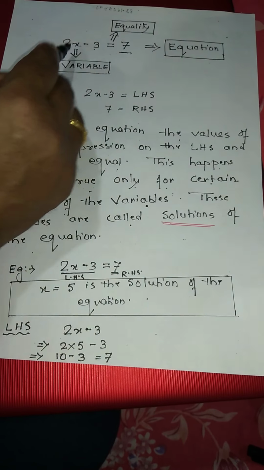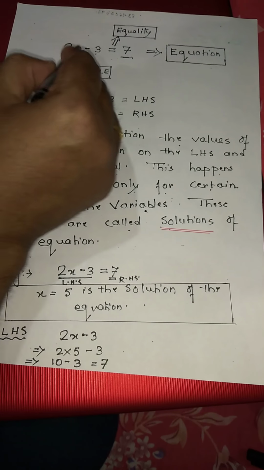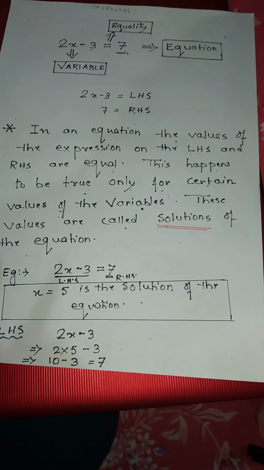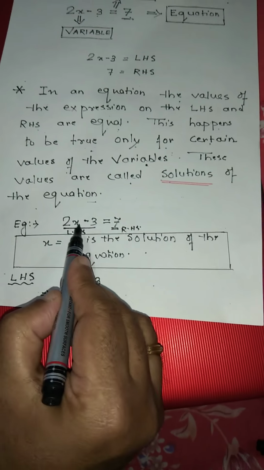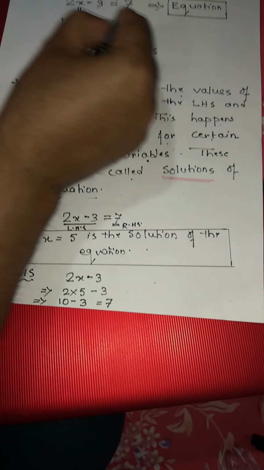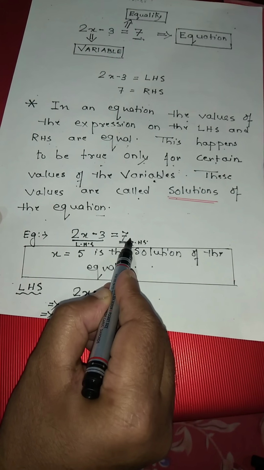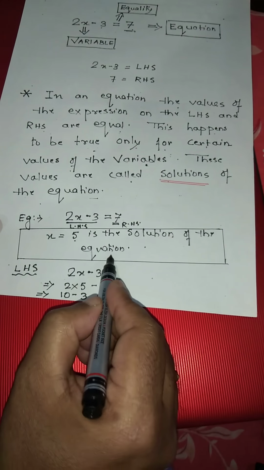Now when we put one particular value in the place of x, and after that when we solve it, if we get 7, then that particular x is called a solution of that equation. So let's see the example. I've written the same example here: 2x minus 3 is equal to 7. So x equals 5 is the solution of the equation.